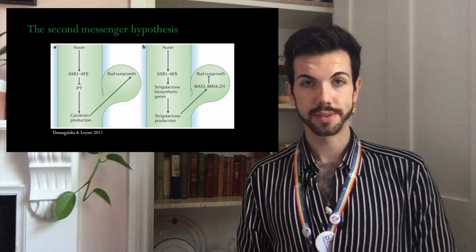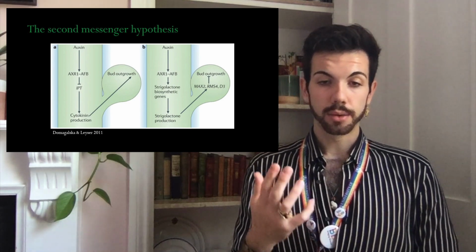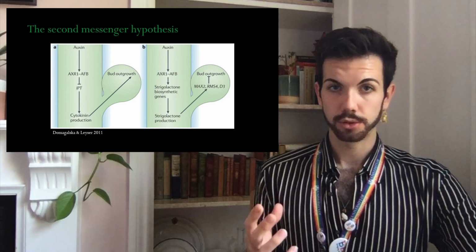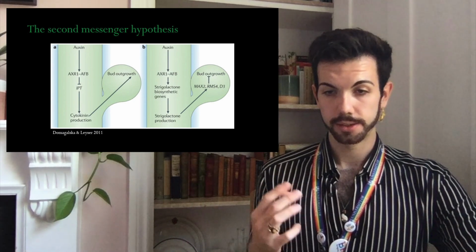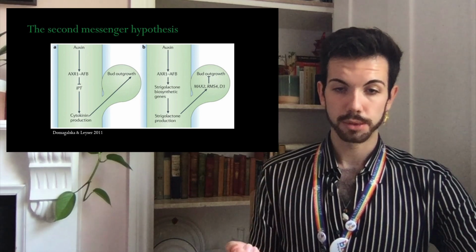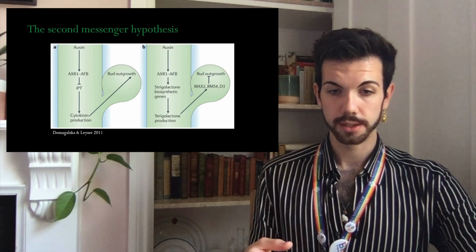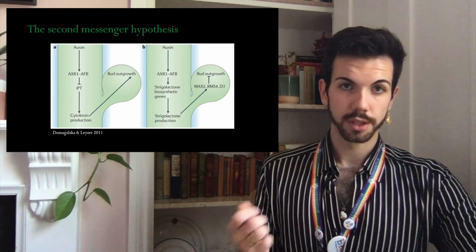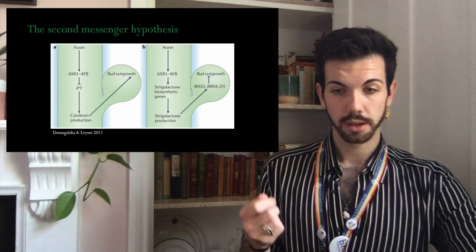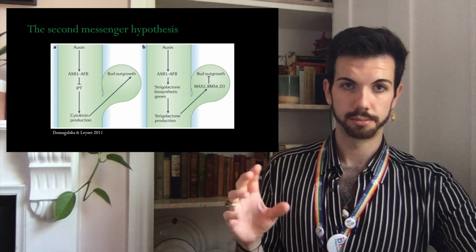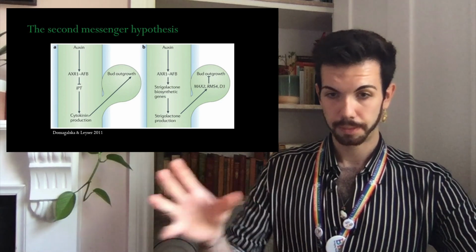So the hypothesis is that auxin is actually regulating two other hormones, cytokinin and strigolactone. Auxin is able to suppress the production of cytokinin, which is a bud activator, and is able to activate the production of strigolactone, which is a bud inhibitor, and through doing this, it can modulate bud activity.